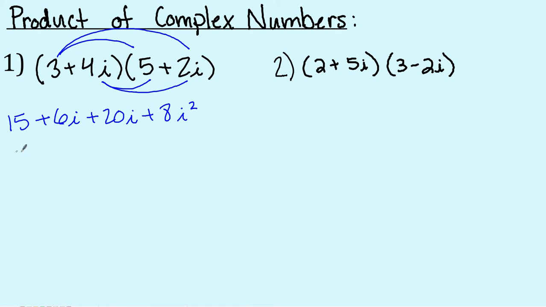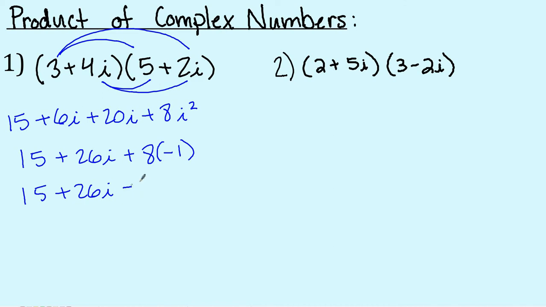Then we can start combining like terms. We get 15 plus 26i plus 8i squared. Hold on, i squared is just -1, so I can rewrite that last one as -8. Remember, whenever you see two i's together, it's -1. So now we can combine the 15 and the -8, and we get 7 plus 26i.